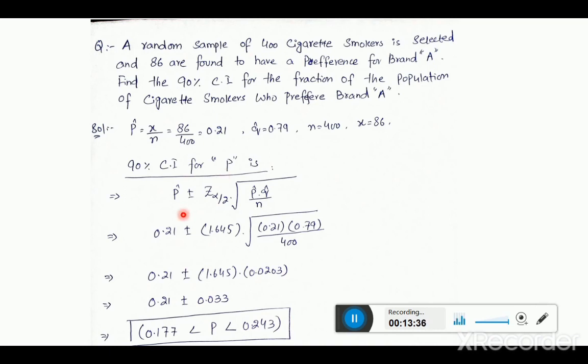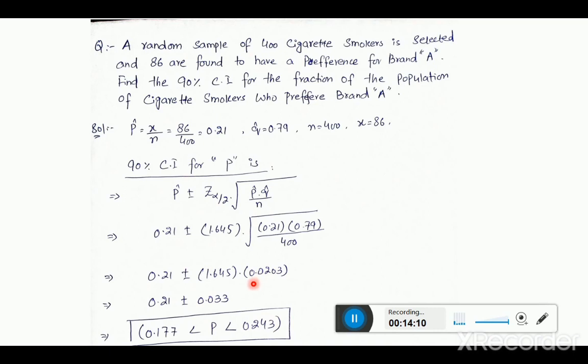The 90% confidence interval for the population proportion is p cap plus minus z alpha by 2 under the root p cap q cap divided by n. Just put the values in the formula as we did in the last lecture. p cap is 0.21, plus minus z alpha by 2, which from the table for 90% is 1.645, under the root p is 0.21, q is 0.79, and n is 400, the total sample.